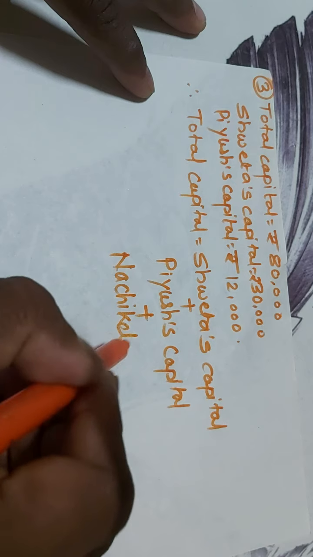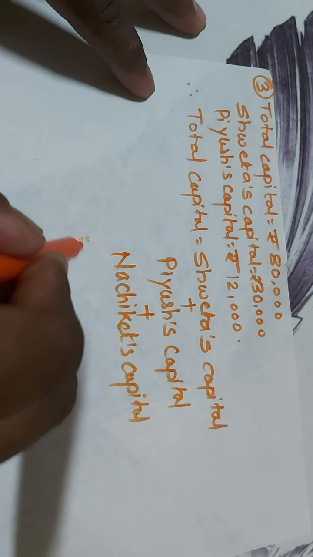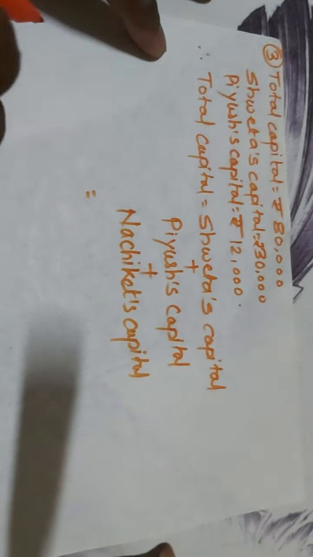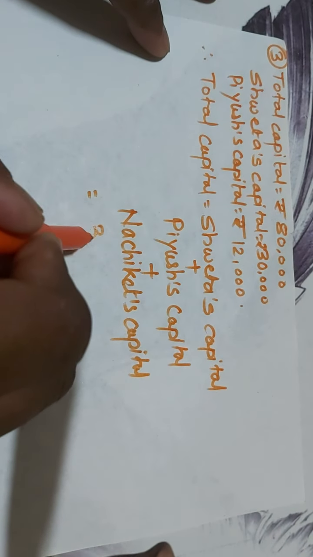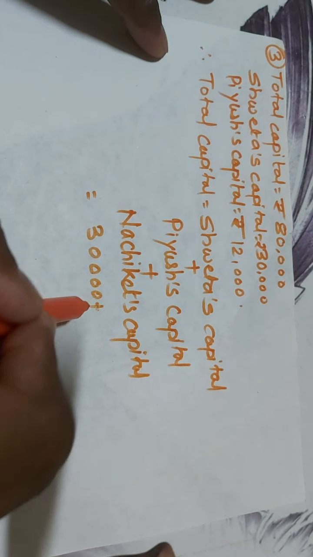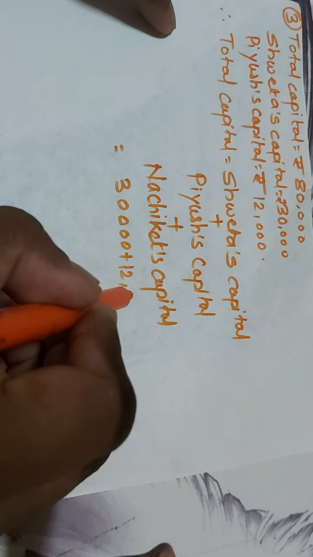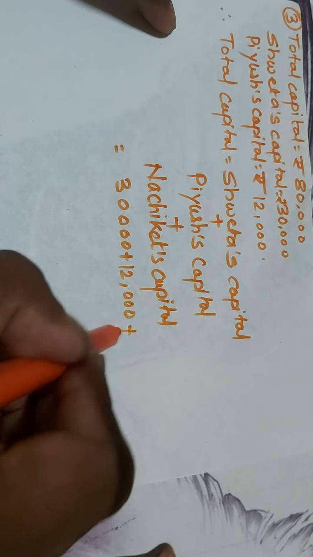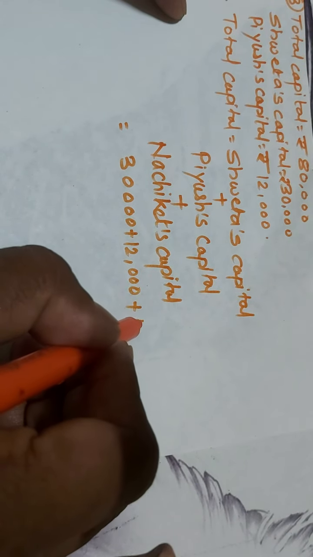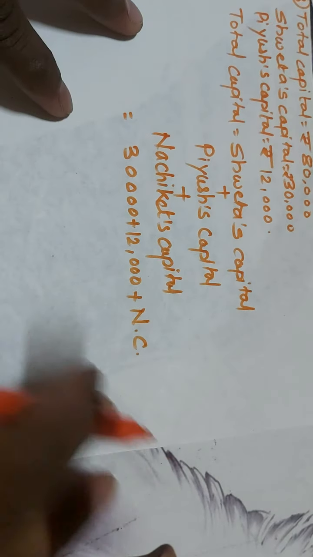We'll put the values: Shweta's capital is given, 30,000, plus Piyush 12,000, and for Nachiket I'll write NC. You can write Nachiket's capital, but we have no space.